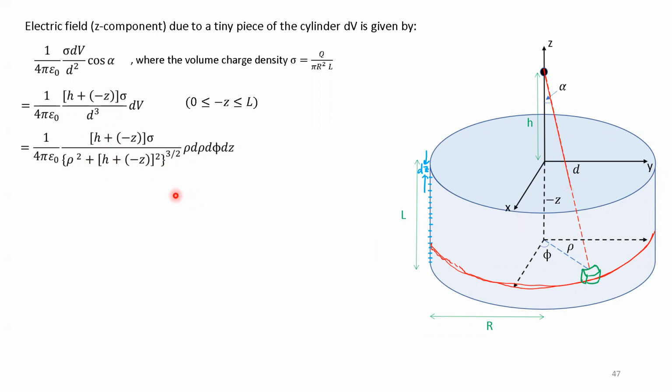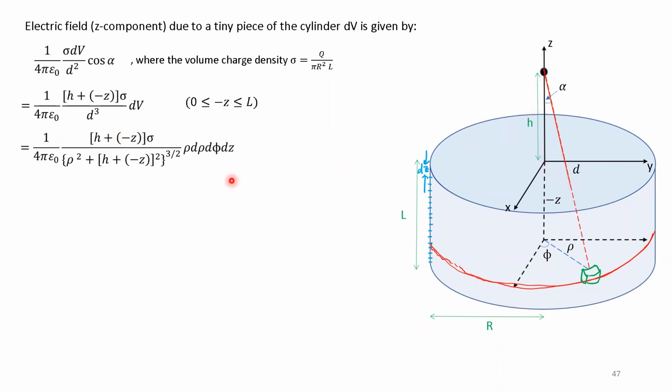So the difference between this one and the one with the plate without thickness is the dz, and also this. Because in the previous example, I only needed to know h squared plus this horizontal distance squared.